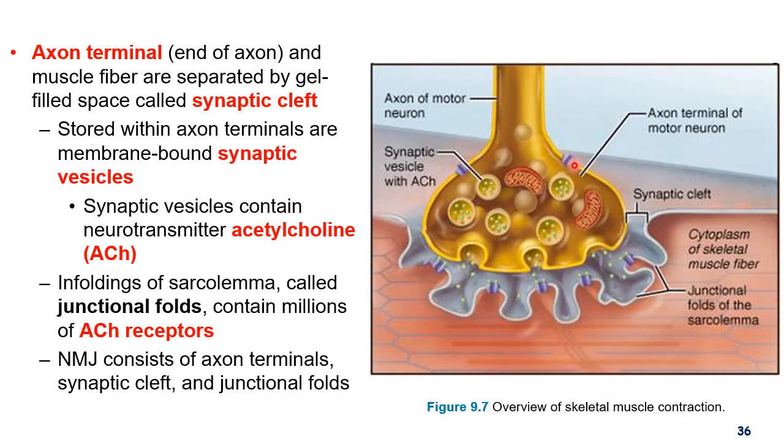This voltage gated channel is going to allow calcium to come inside of this axon ending. Calcium is going to bind to a protein that is at the vesicle. The vesicle then is going to bind to the cell membrane and is going to dump acetylcholine right there in the middle between the nerve and the muscle.